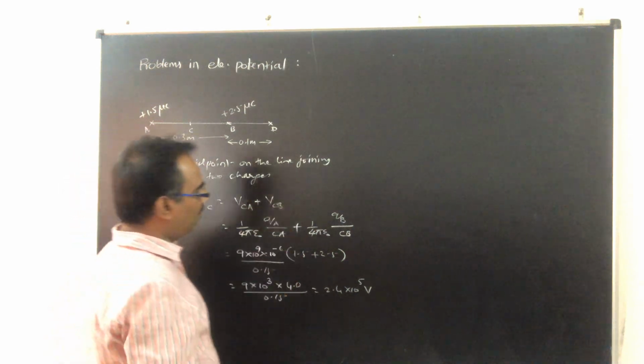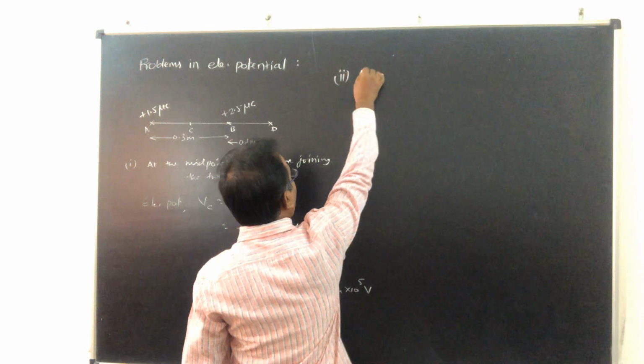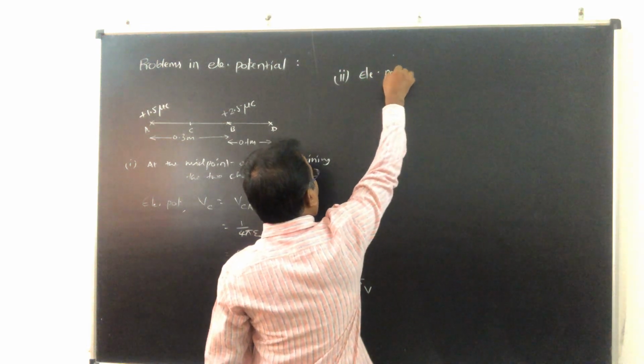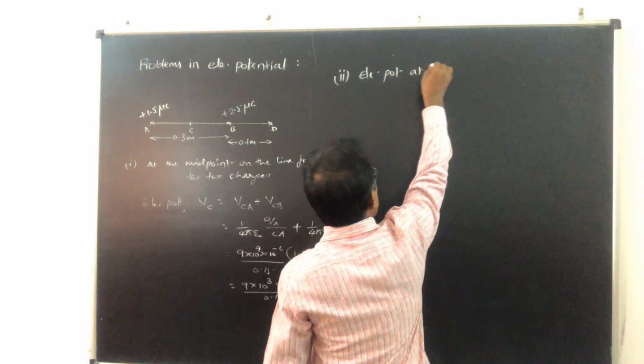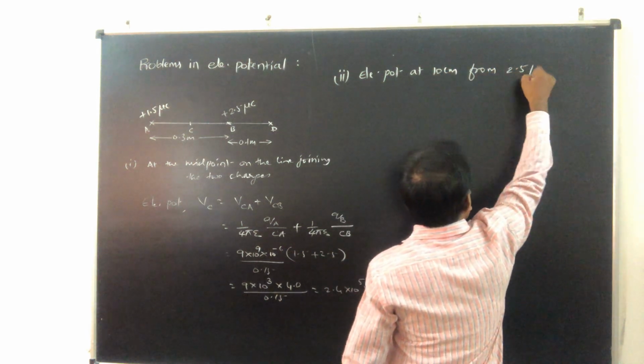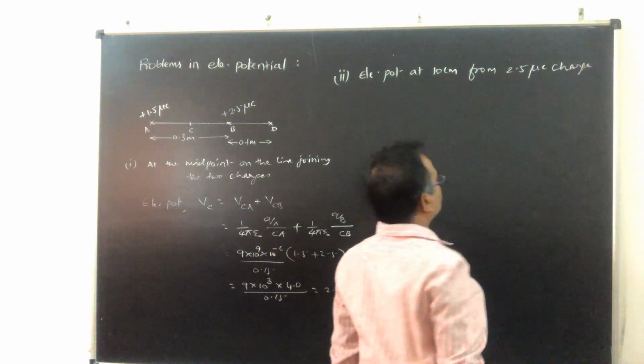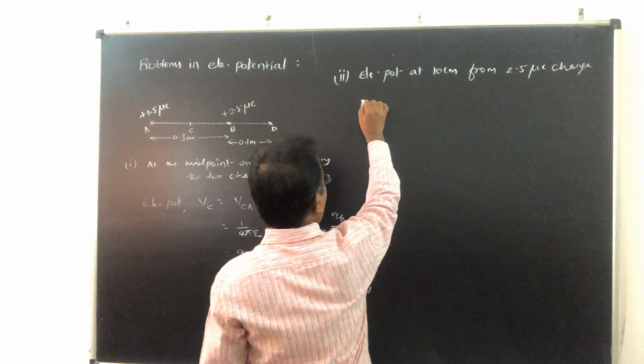So you carry the derivation in the same way. Electric potential at 10 centimeter from 2.5 microcoulomb charge, that is Vd.